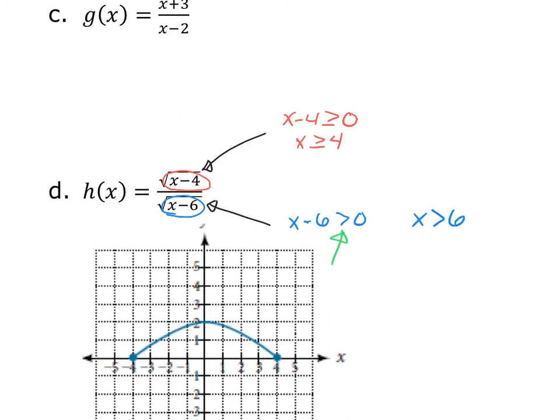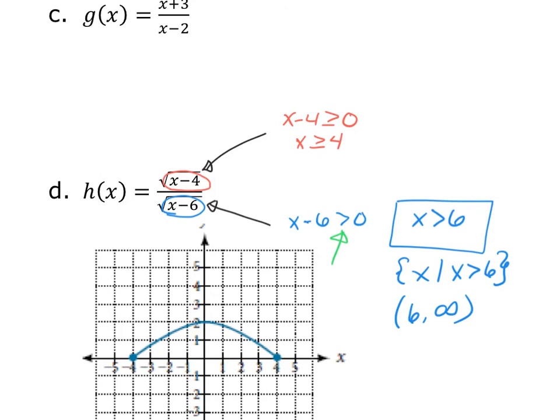So this is going to dominate which one I use for the domain restriction. The domain restriction is x such that x is greater than 6. Or in interval notation, a rounded parenthesis 6 to infinity.